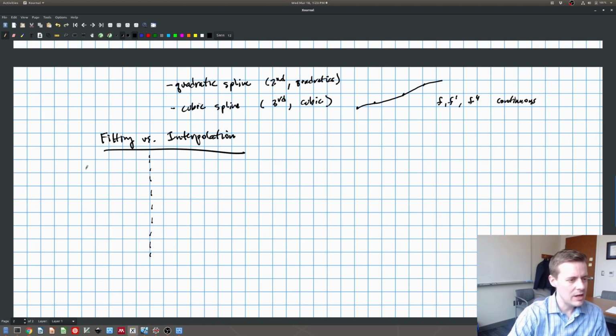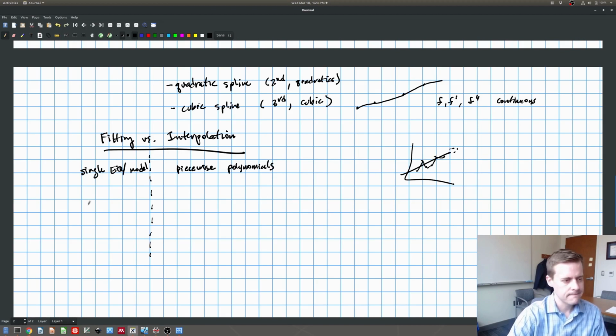So in fitting, you have a single equation or a single model. So remember, you had data, you had this noisy data. You'd fit one line through the single thing. Whereas in interpolation, you have piecewise polynomials. So you have lots of equations, right?